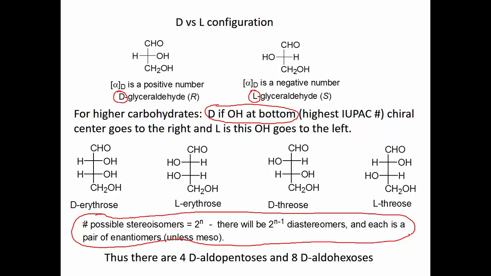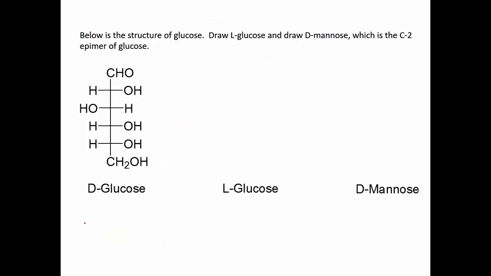All right, so there are 4 D-aldopentoses. This is when we put one more chiral center here. And if we put an additional chiral center, to have an aldohexose, there are 8 possible aldohexoses. So 4 new names for the aldopentoses and 8 new names for the aldohexoses.